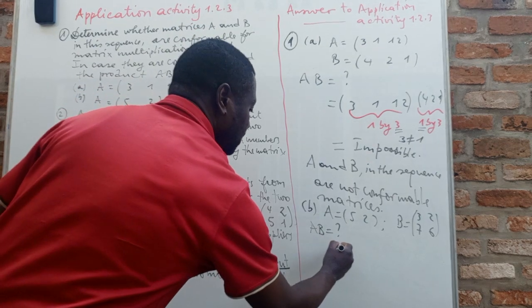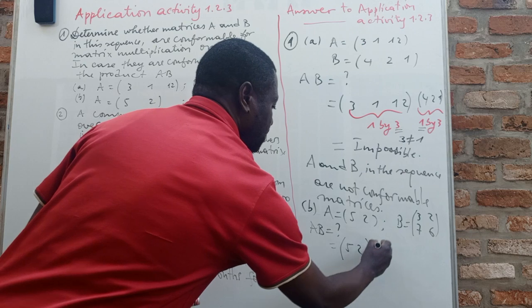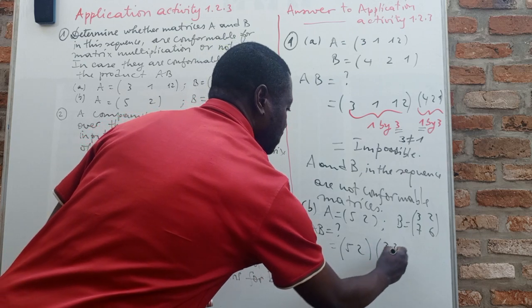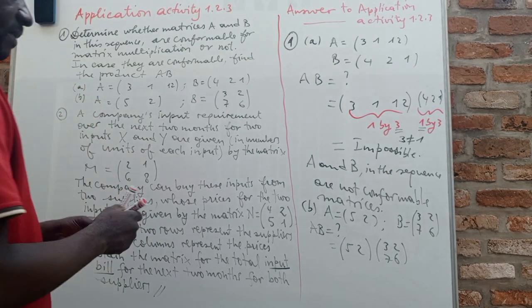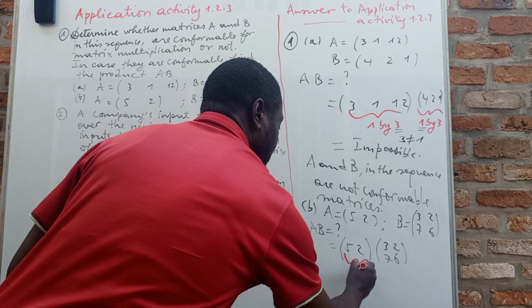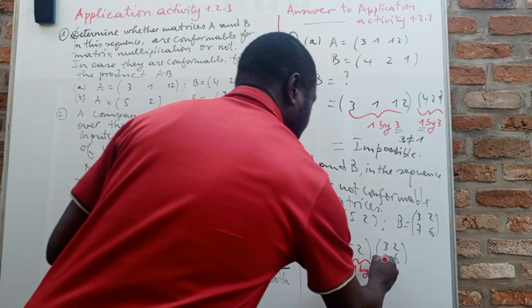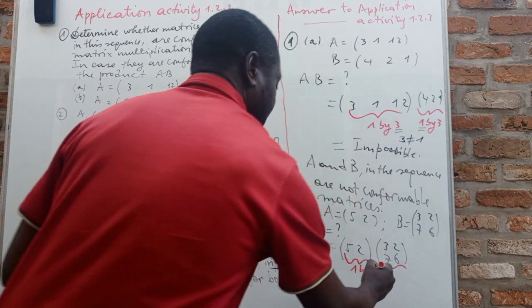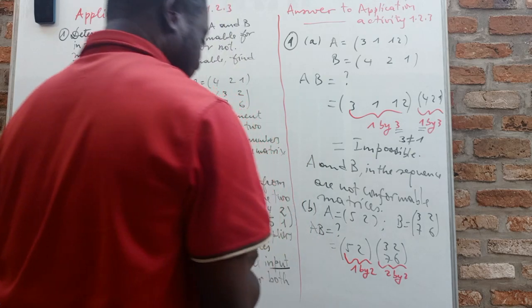So we have first matrix 5, 2, second matrix 3, 2, 7, 6. Here the first matrix is a 1 by 2 matrix. The second matrix is a 2 by 2 matrix. This is a square matrix.